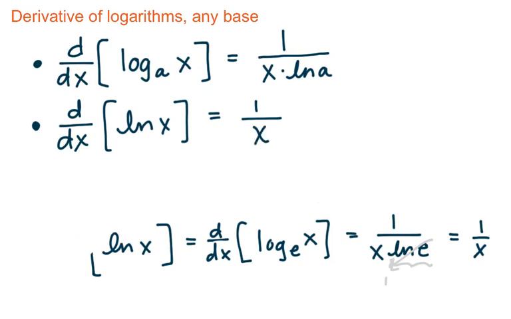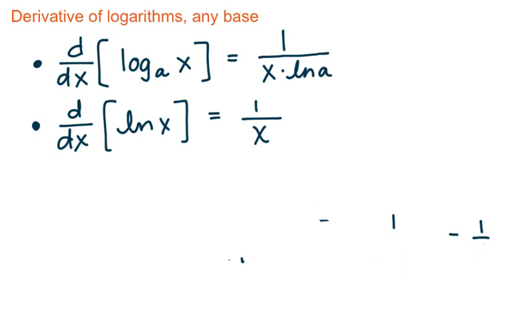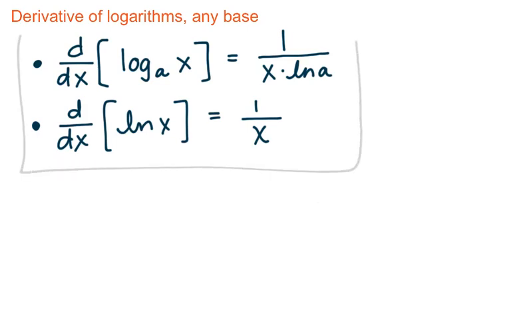As I said, dividing by the natural log of e is just 1, so it goes away. These are two rules you want to make sure you can use. In my opinion, knowing the first one is enough, because when we use it here, the natural log of e is going to go away.